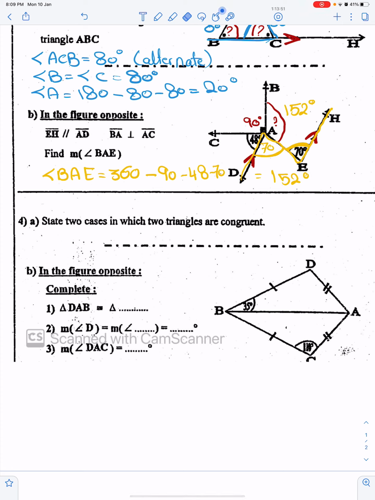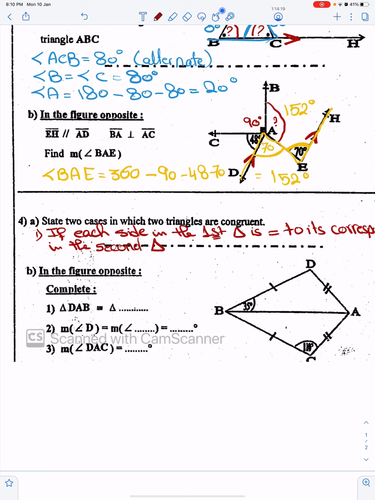Case number 1: if each side in the first triangle is equal to its corresponding side in the second triangle. This case is SSS, side, side, side.